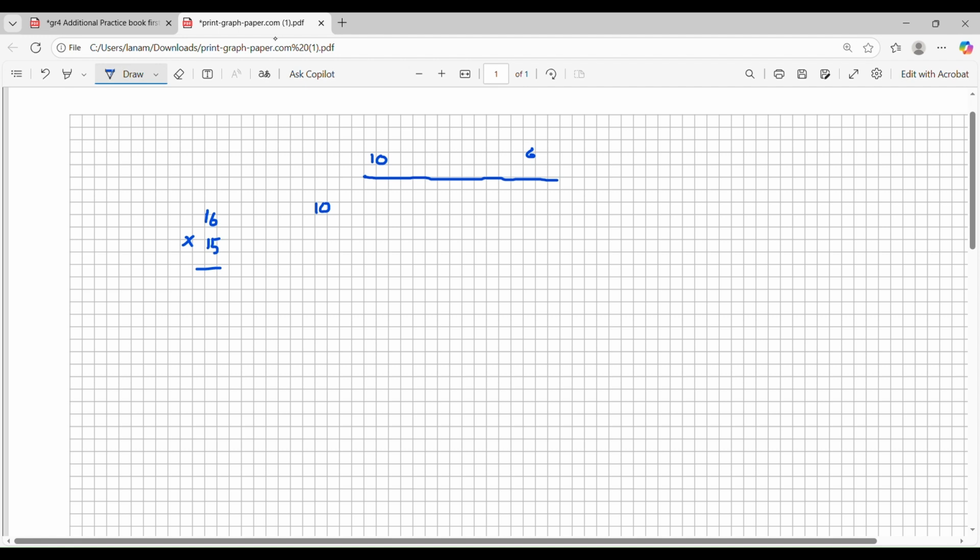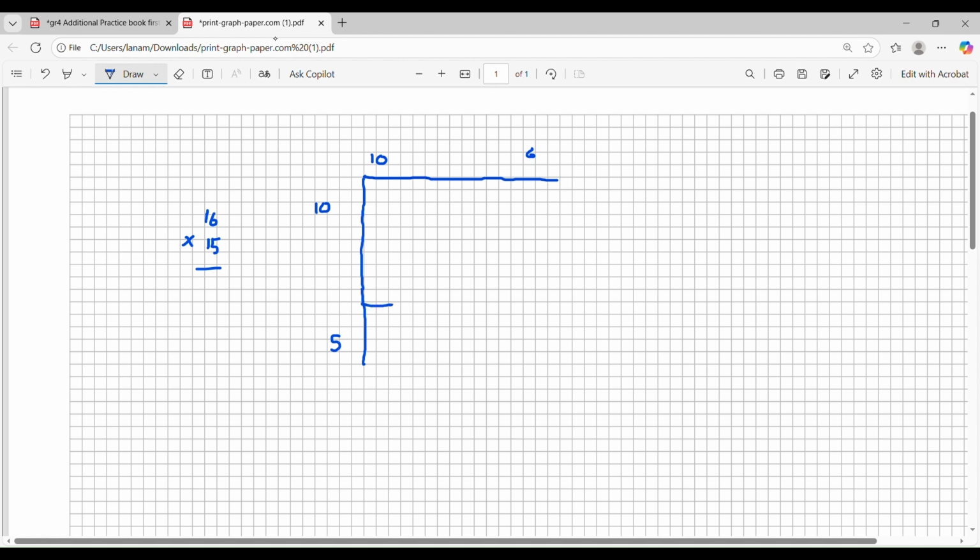So I'm going to count 1, 2, 3, 4, 5, 6, 7, 8, 9, 10. Now I have 10. Then I need to put 5, so 1, 2, 3, 4, 5. So it's going to be up to here.